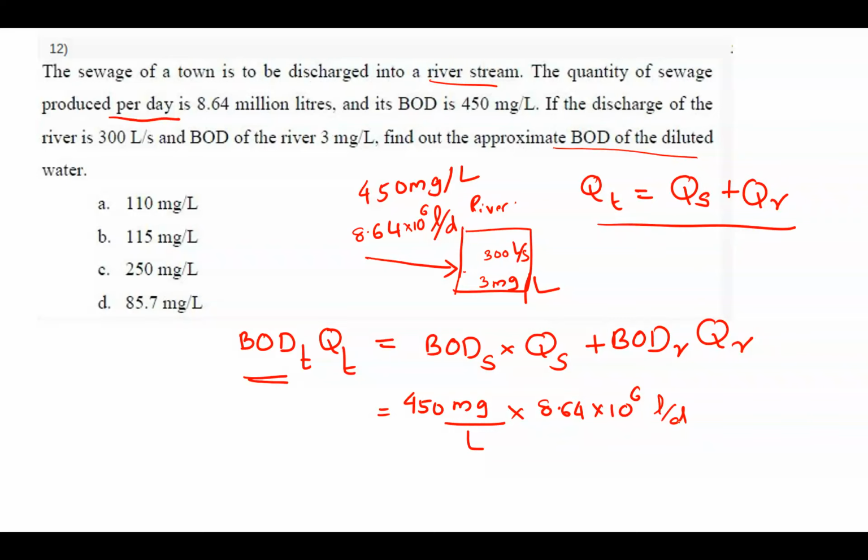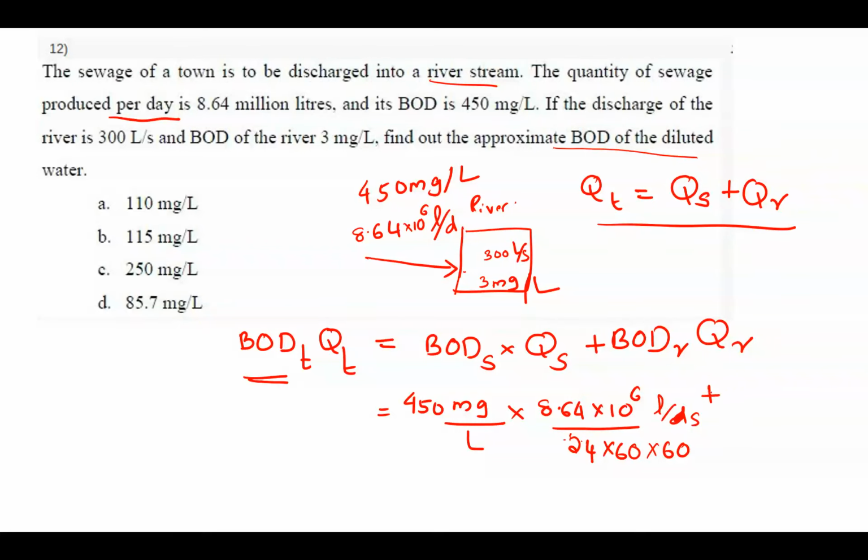How do you convert? Here the day is in the denominator, so you multiply by 24 hours, then convert to minutes by 60, and then to seconds, again with 60. So now it is liter per second.